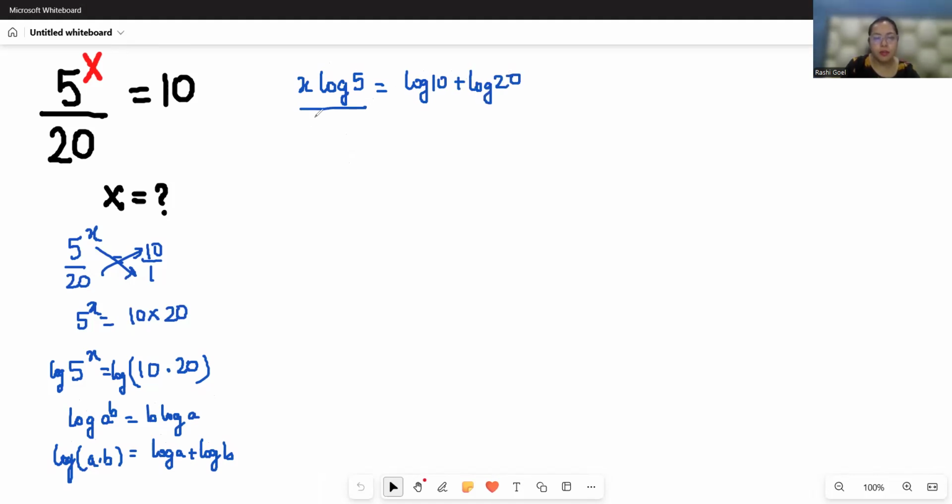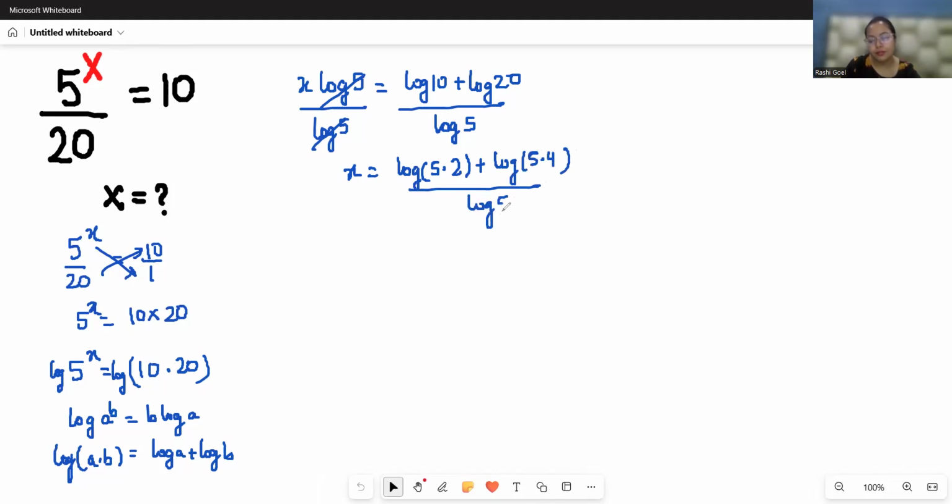So if I divide both sides by log 5, so x = (log of 5 times 2, since 10 we can write as 5 times 2, plus log of 5 times 4, since 20 we can write as 5 times 4) / log 5.